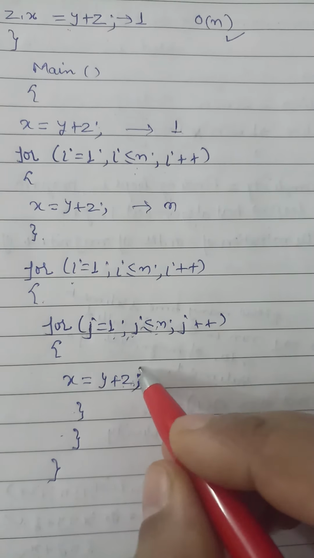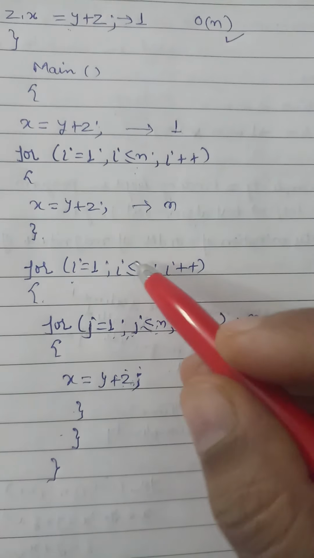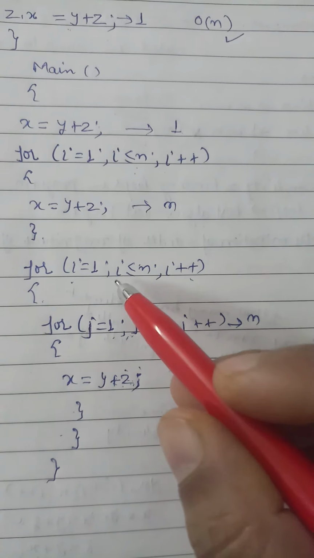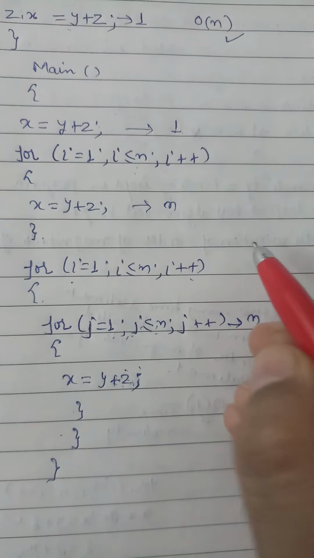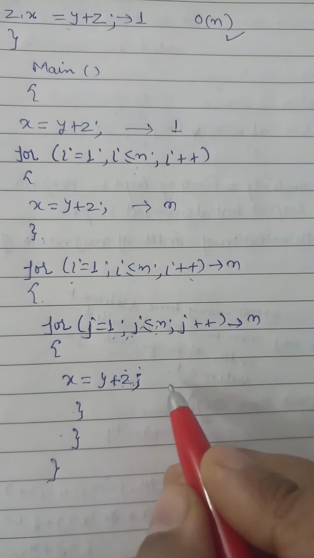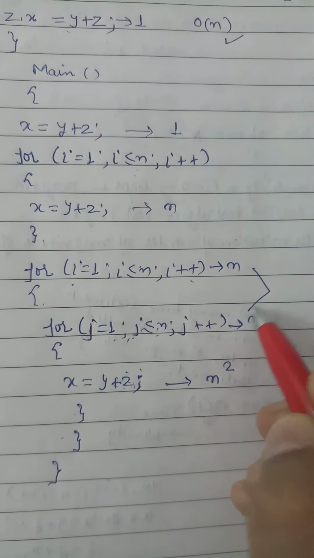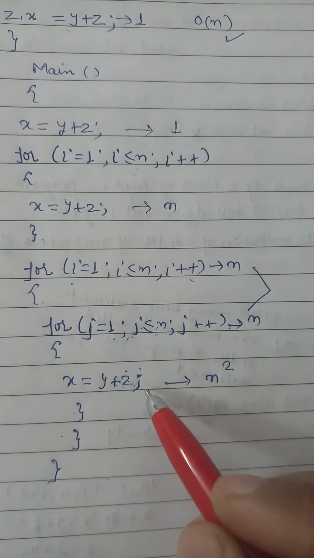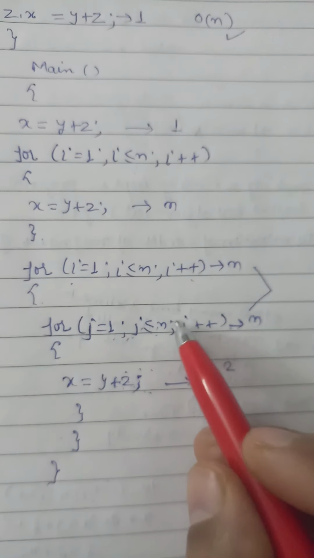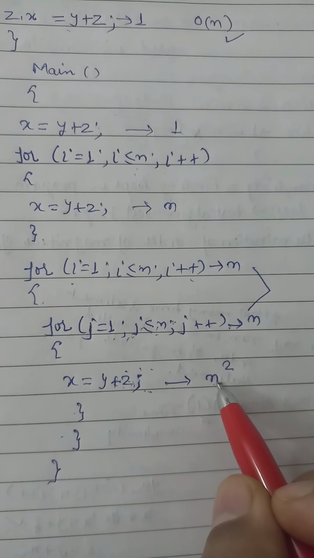So it will run n times according to this loop, and for this loop also in the similar way it will run n times because this statement comes under two loops. So this is also n. So in total how many times will it run? It will run n square times because n times for this loop and n times for this loop. That's why it will run n square times.